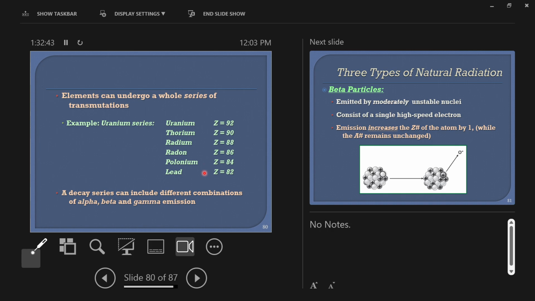And lead's stable. So here's what you need to know about lead. This is worthwhile remembering. Lead is the largest stable element. Lead's not radioactive. It's the biggest element. Let me rephrase that a little bit. It's the largest naturally occurring element that is stable. So yeah, uranium keeps transmutating, turning into different stuff until it gets to lead, and then it stops because it's happy.